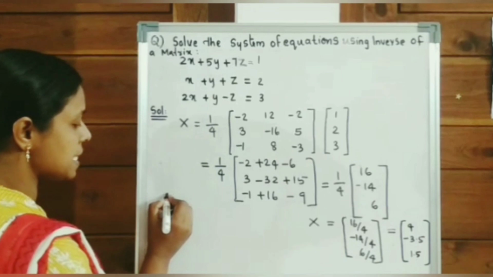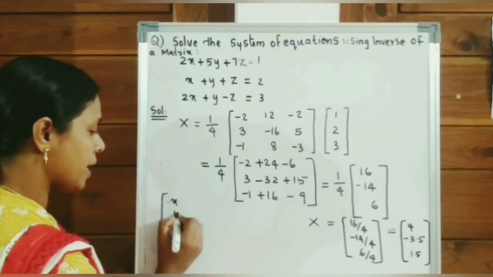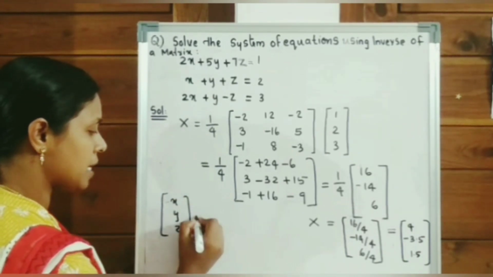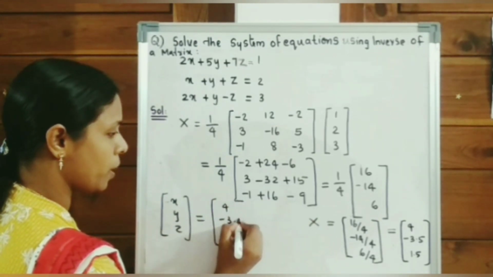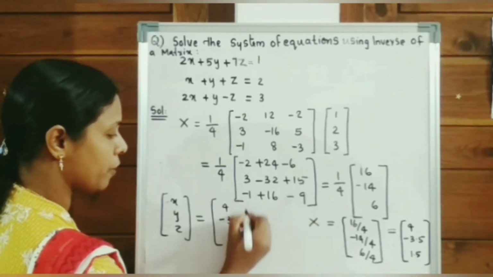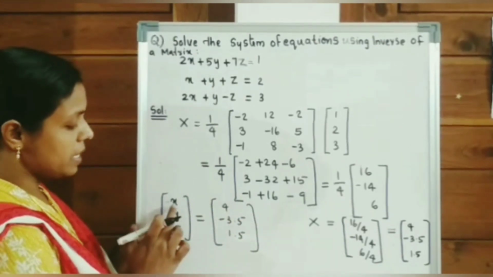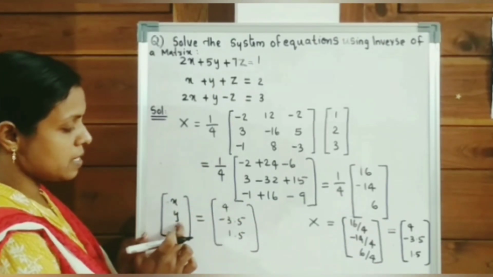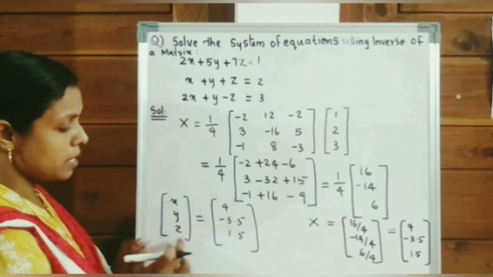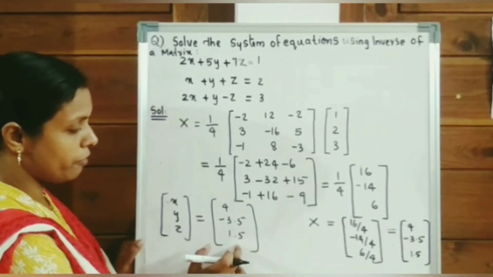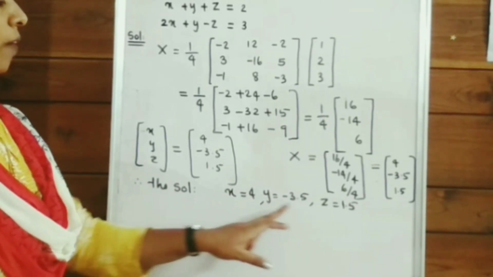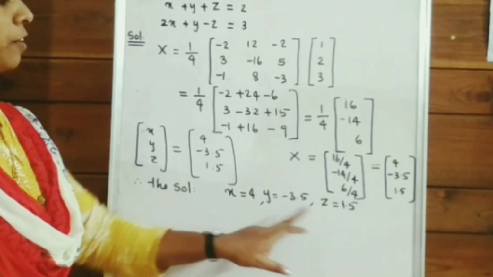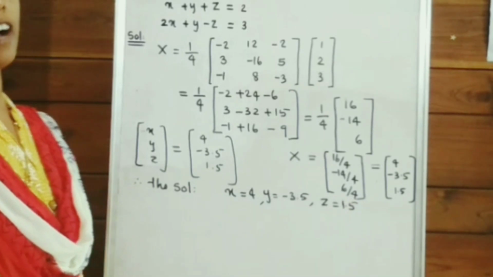We know that X is X, Y, Z, which is equal to matrix 4, negative 3.5, 1.5. From this we can write X is equal to 4, Y is equal to minus 3.5, Z is equal to 1.5. Therefore, the required solution is X is equal to 4, Y is equal to negative 3.5, Z is equal to 1.5. Clear?